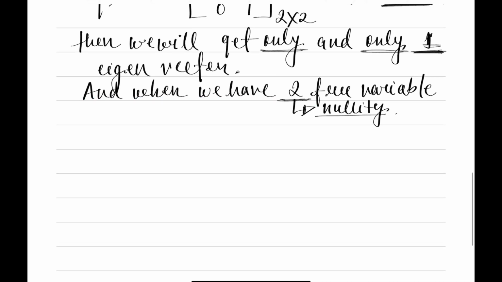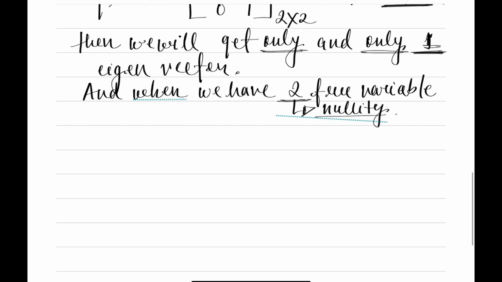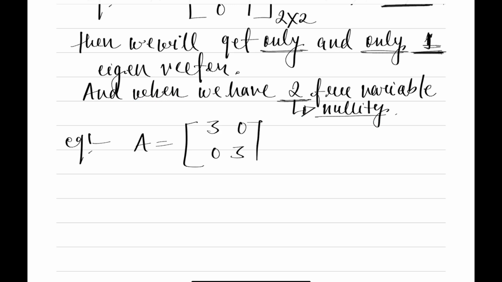When nullity is 2, then for a matrix, like we take a matrix 3 0 and 0 3, which is also from a previous example, and we have eigenvalue as 3 and 3 which is repeated.